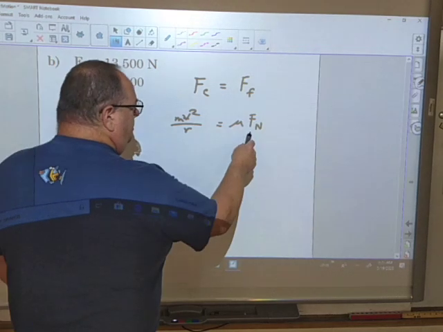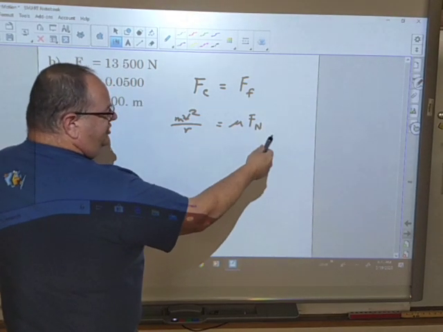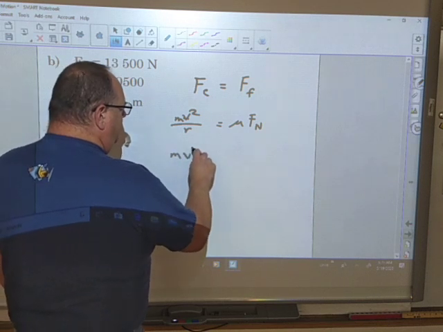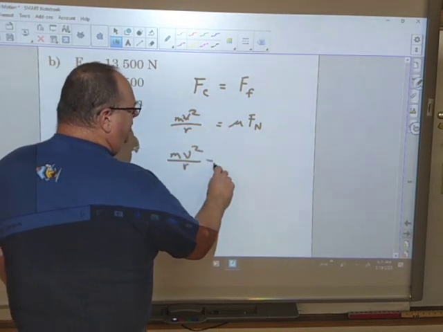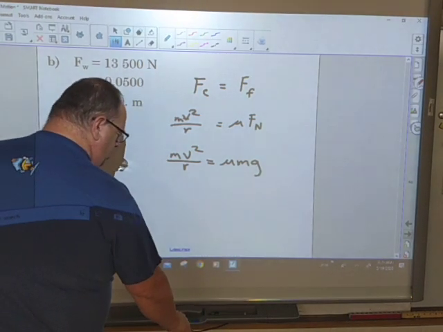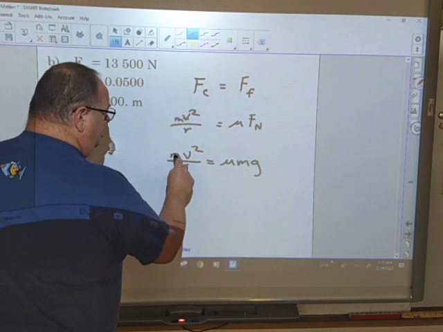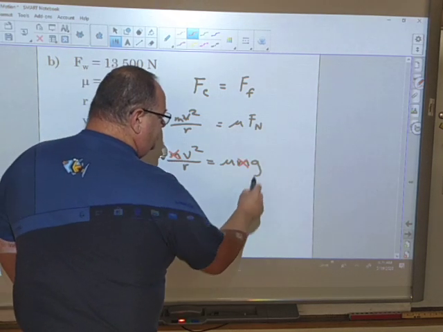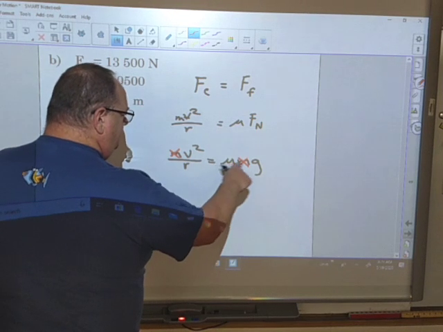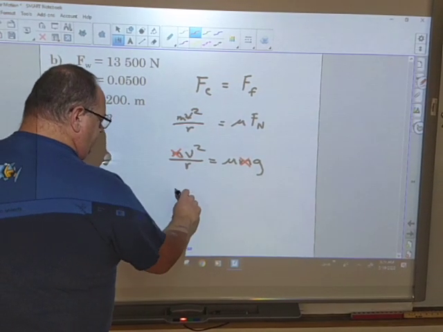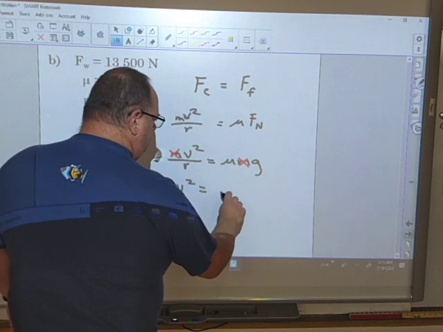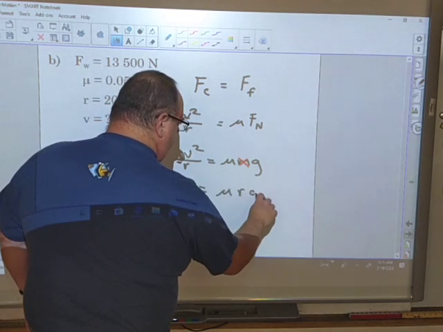And we know that Fn is the weight, which is mg, so we could really say that m v squared over r equals mu mg. So m crosses off. And I just got to multiply both sides by r. V squared equals mu rg.